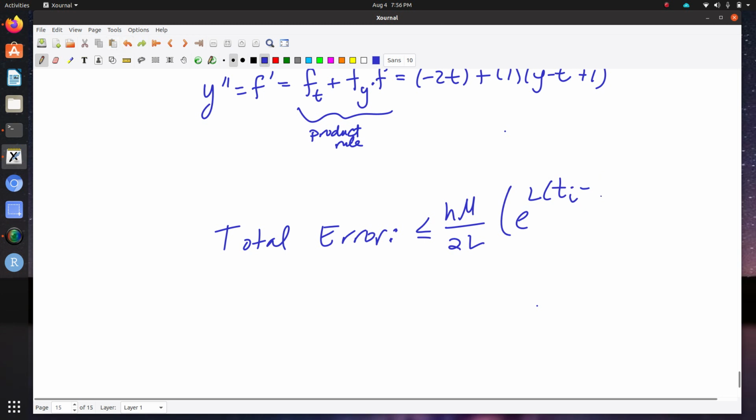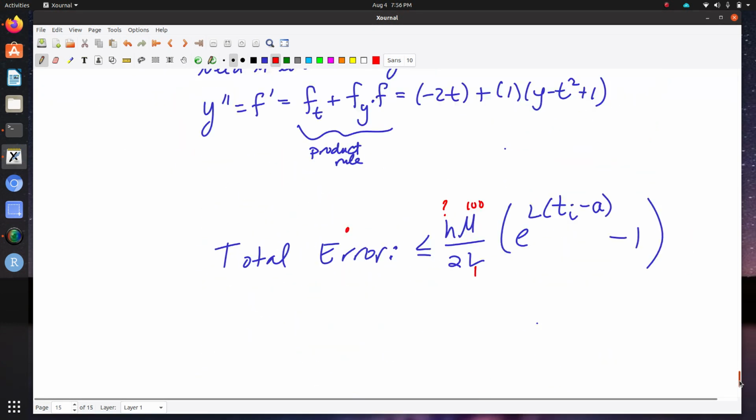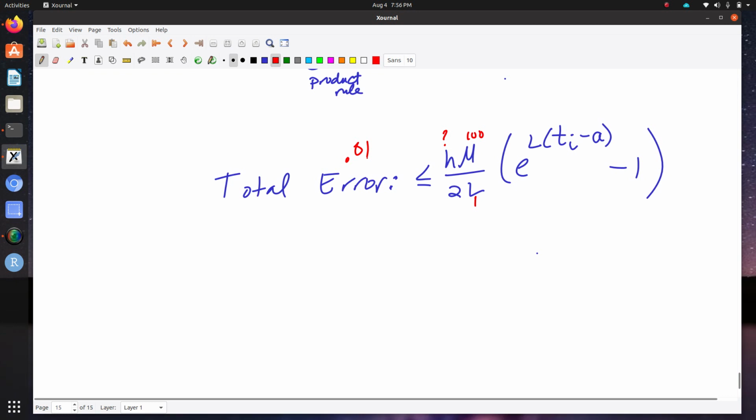I wrote an alpha, I meant to write an a. Let's see if M equals 100 makes any sense here. L is 1, h is the thing we want. We want the total error to be, what did we say? 0.01.